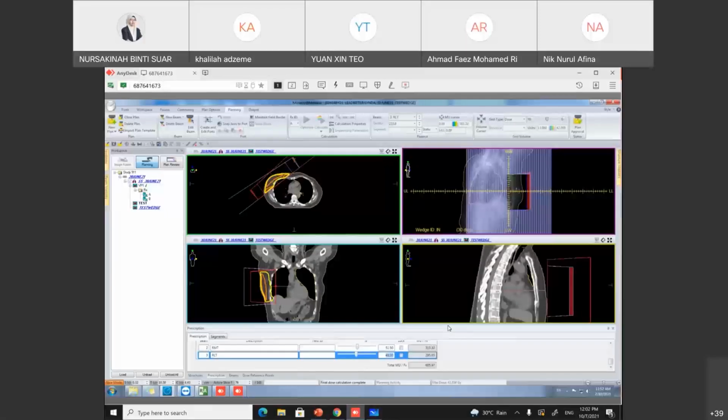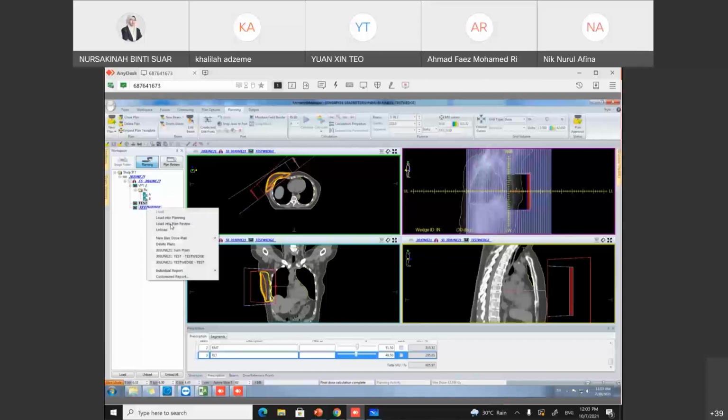So now the goal of the breast dose distribution is 95% coverage on the chest wall, which means the curve here covers 95%. So actually this plan is considered okay, because the 95% is good coverage compared to the plan before wedge. Let me show you the difference.